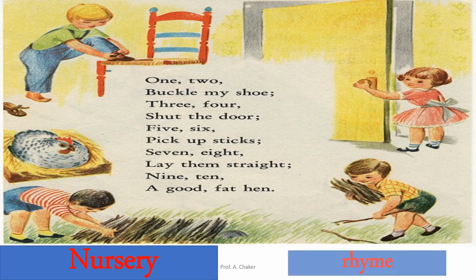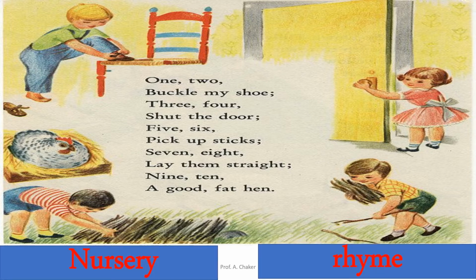This is what we call a nursery rhyme. Some short poems which are so musical and that are often taught to kids in nursery schools. They are very light, they are musical, they are very nice to learn.